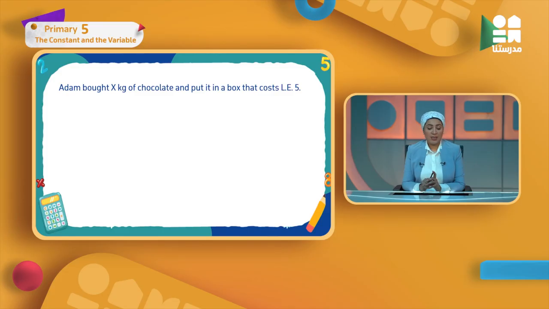Now let's move to another question. Adam bought X kilograms of chocolate.